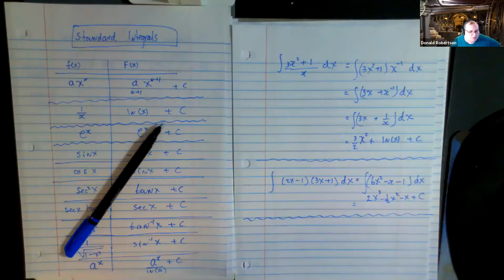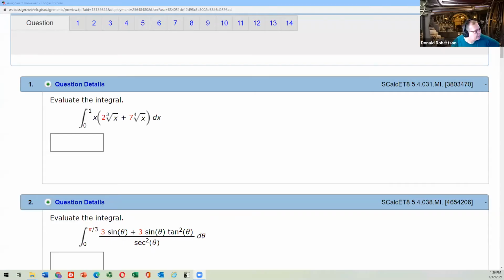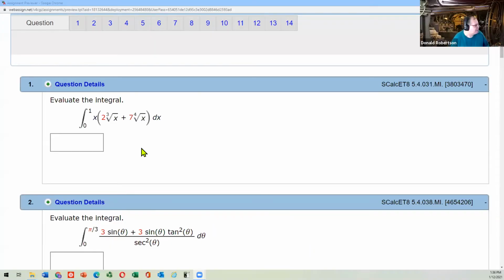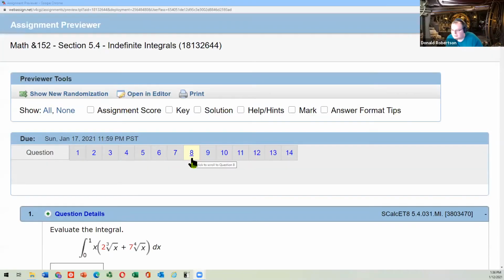So we're going to show you, where did that go? Why is that that? That's not right. My machine is being a pain right now. There we go. Are you now looking at homework questions from 5.4?